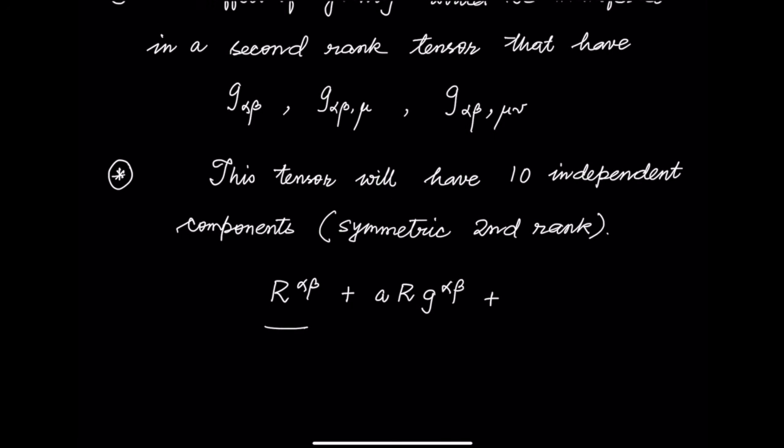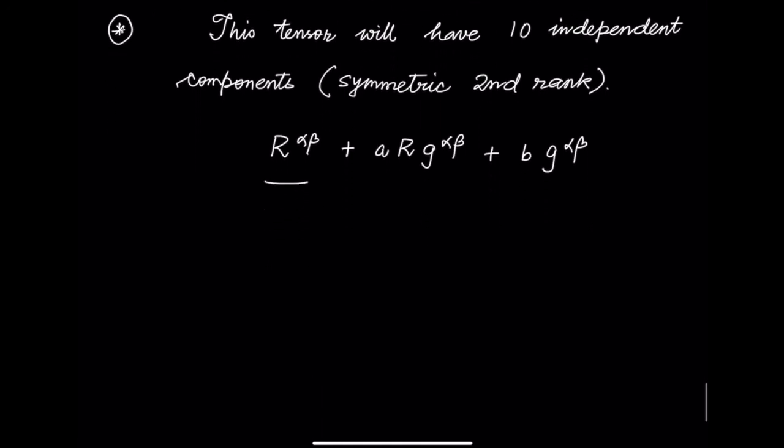Then the Ricci scalar times G alpha beta. G alpha beta is also a second rank tensor by itself. So it will have a form which should be some combination of this. So once I know what A and B are, then I can figure out what this should be.